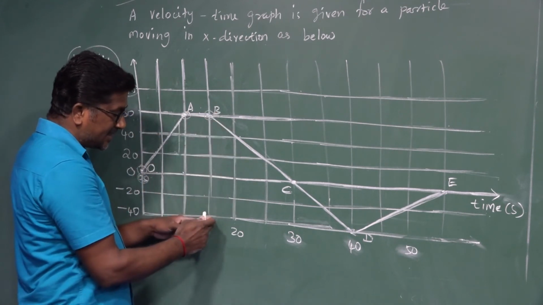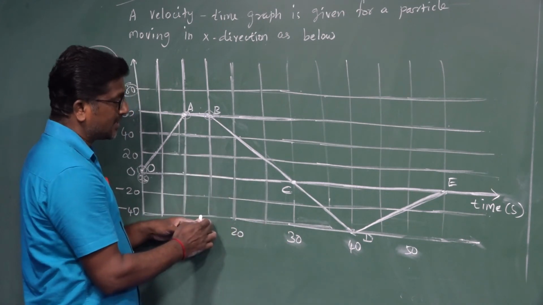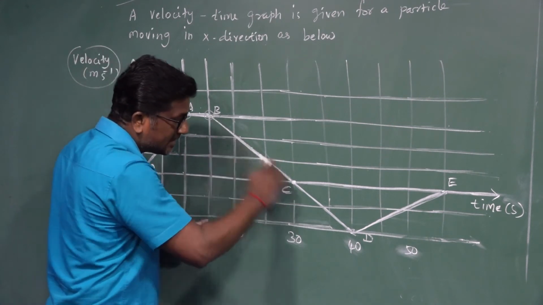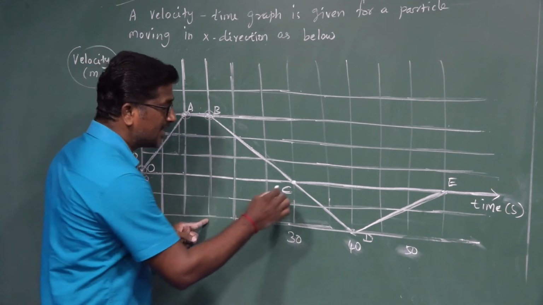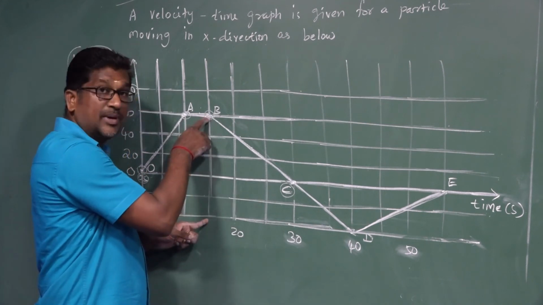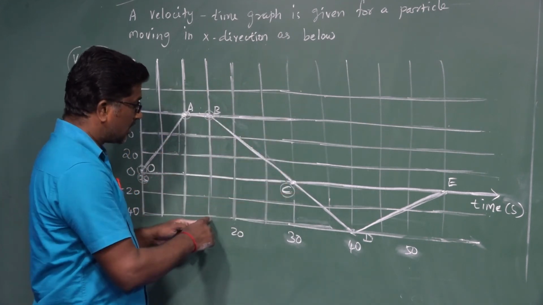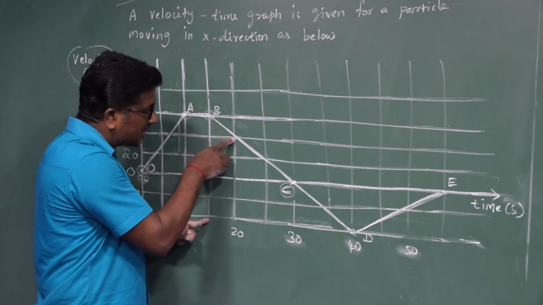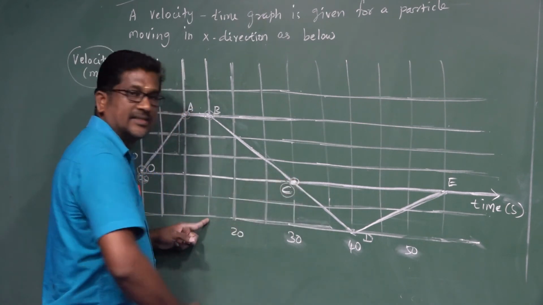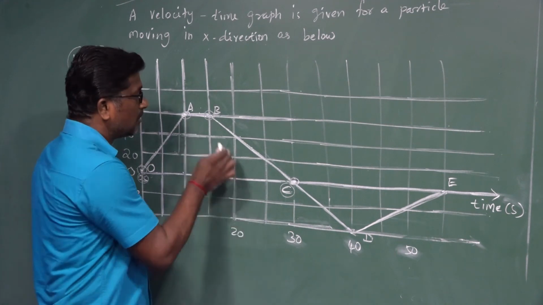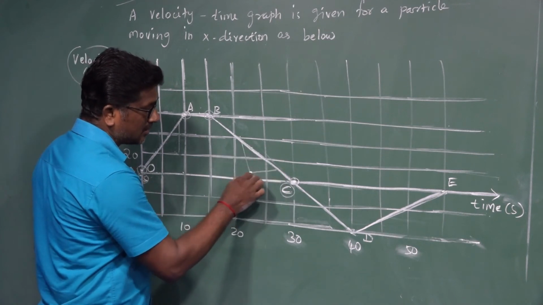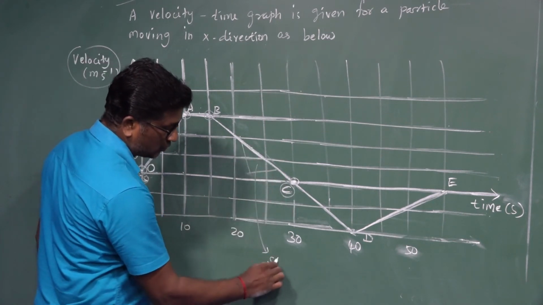If the time increases beyond 15 seconds, the particle velocity gradually decreases linearly and attains 0 velocity at the point C. After point B, the velocity of the particle gradually decreases and reaches 0 value at the point C. If we take a slope in this region, that is from B to C, anywhere, the slope value is negative.